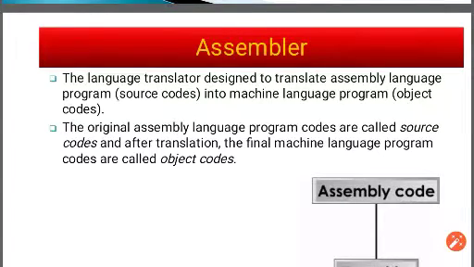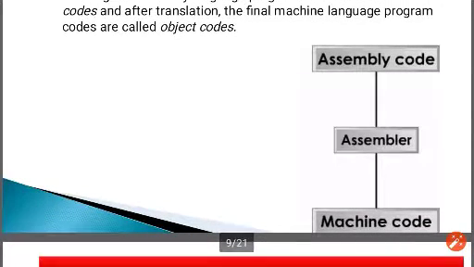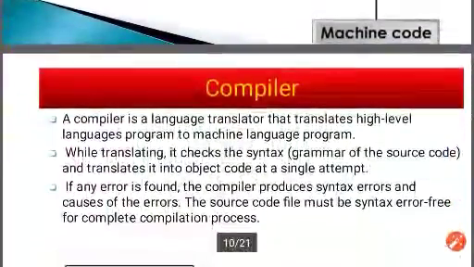So the language processor which converts the assembly language program to machine code is your assembler. Originally the assembly language program codes are called source code, and after translation the final machine language is called the object code. We can have a flow for this: assembly code is converted by the assembler and becomes its machine code.